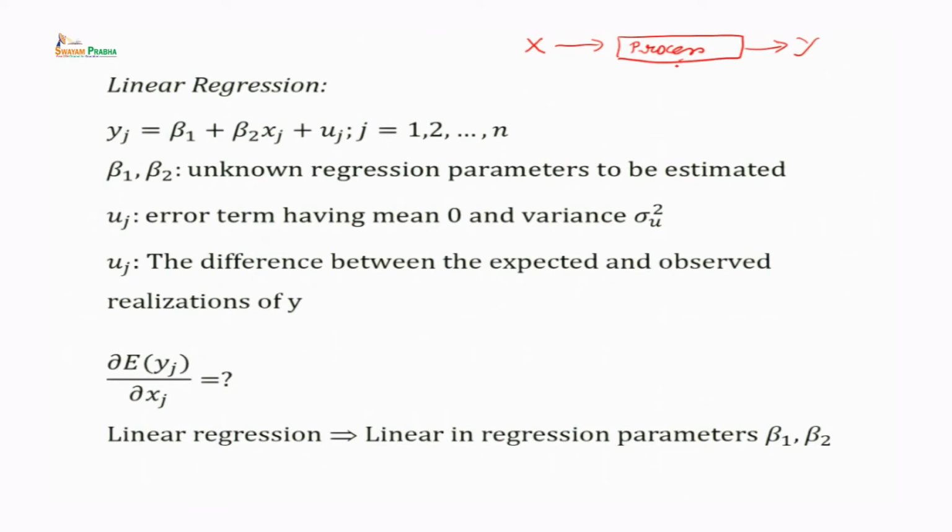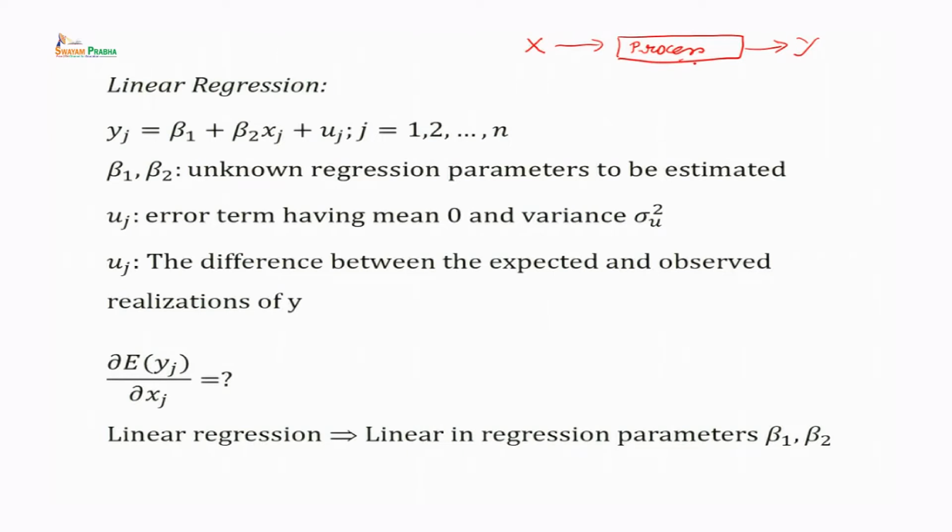Now, in fact, it is the data which has the characteristics of the process, or it is the data which is generated by the process, and you do not know anything about the process. So, you want to assess the process using the information contained in your data.